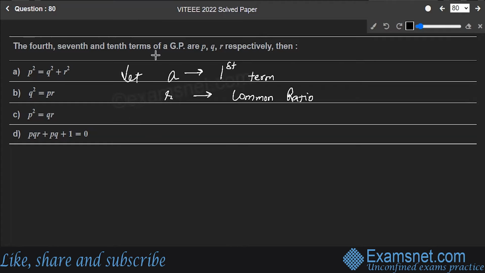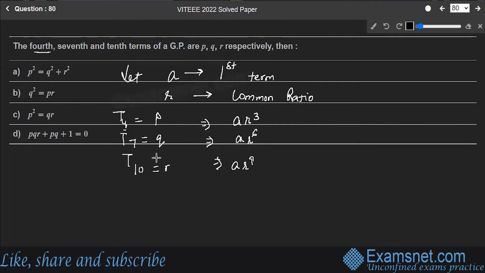So if r is the common ratio, it is said that the 4th term is equal to p, the 7th term is equal to q and the 10th term is equal to r. This is given by ar raised to 4 minus 1, that is 3. This is given by ar raised to 7 minus 1, that is 6. This is ar raised to 9.